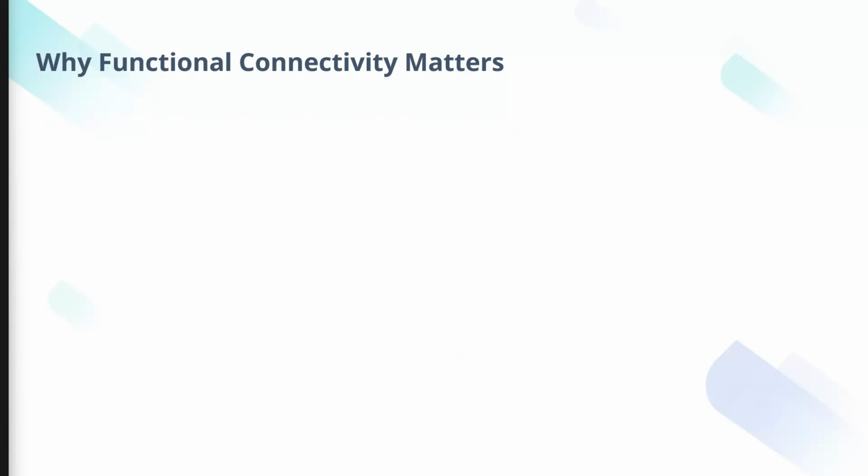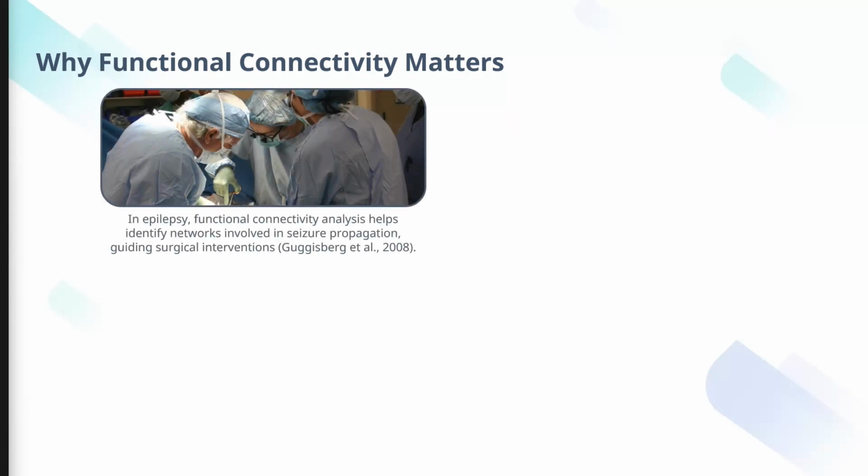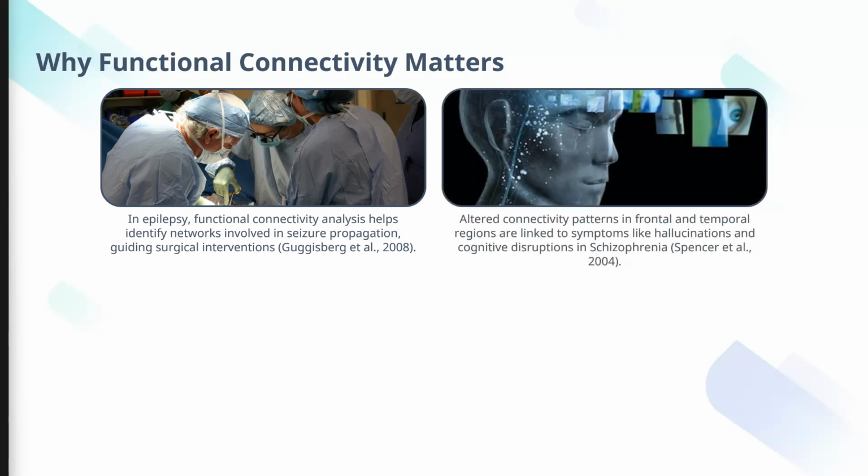So now let's look at a few examples of why it's being used in general. A really popular one is epilepsy. Functional connectivity is what they use to identify the networks involved in seizure propagation, and that lets the surgeons know where to operate. Altered connectivity has been shown in many studies to be associated with the hallucinations we see with schizophrenia.